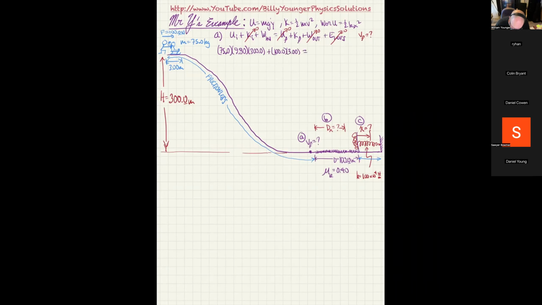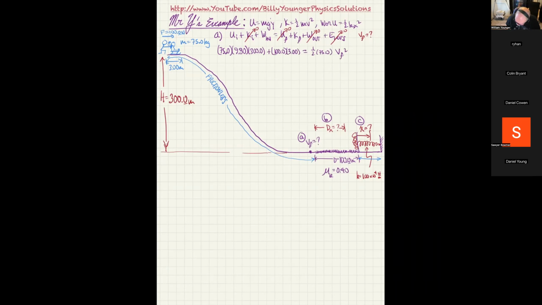Now we're going to say that's equal to just 1/2 of 75.0 times V final squared. And this will give us our actual velocity at the bottom just before she hits the frictionful area.